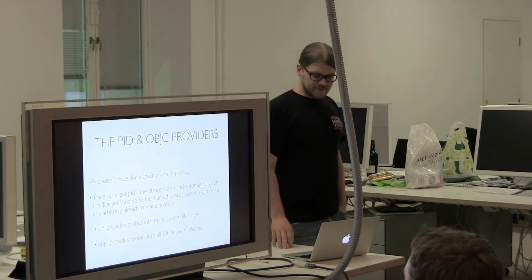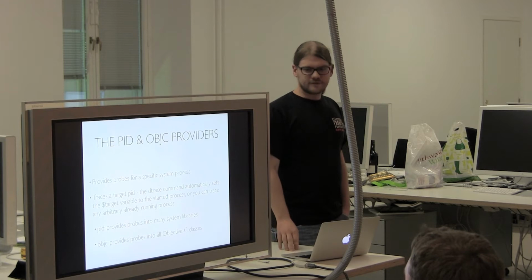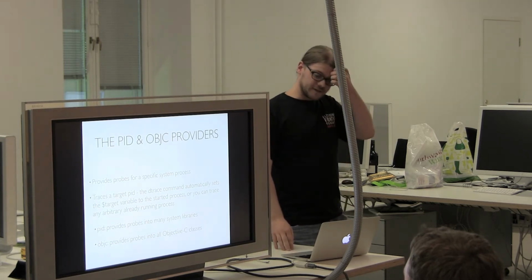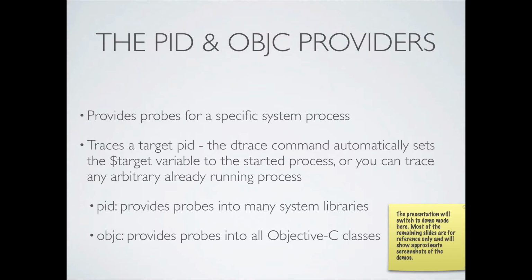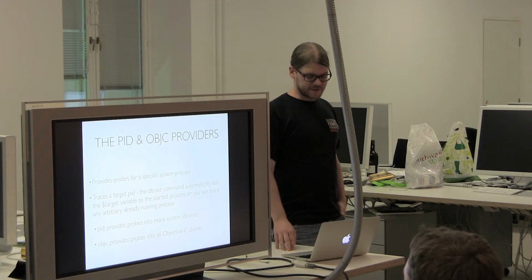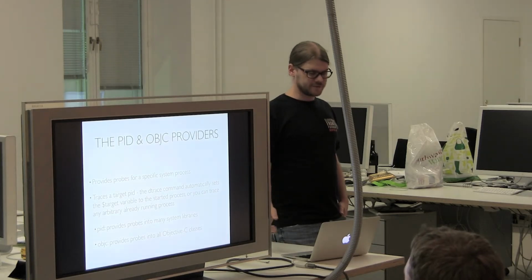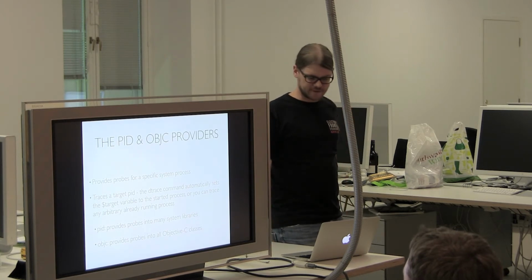So a little bit about the PID and Objective-C providers, which are the most interesting when you're debugging regular applications. They provide probes for one specific system process, and you can either launch the process using dtrace, in which case it will set a global variable called $target that you can use in the provider name, or you can probe any arbitrary running process.